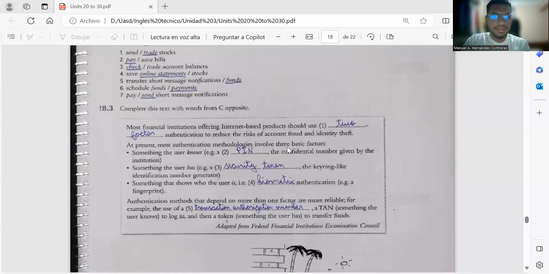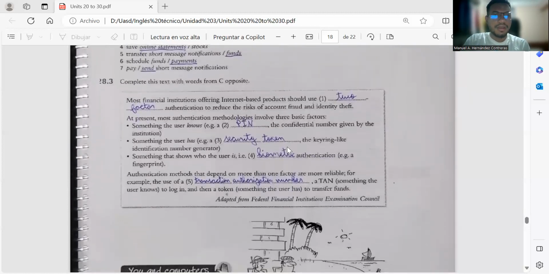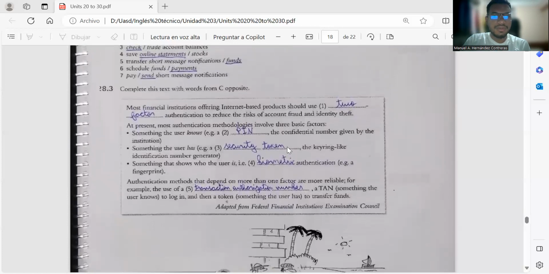Complete this text with words from C opposite. Most financial institutions offering internet-based products should use two-factor authentication to reduce the risk of account fraud and identity theft.